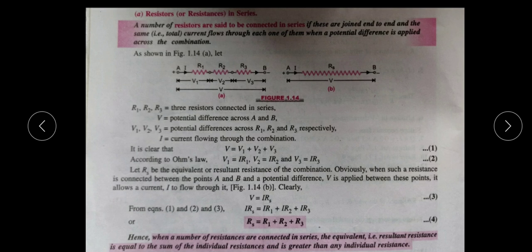A number of resistors are said to be connected in series if these are joined end to end and the same current flows through each one of them when a potential difference is applied across the combination, which means in short, in series connection, resistors are connected end-to-end.